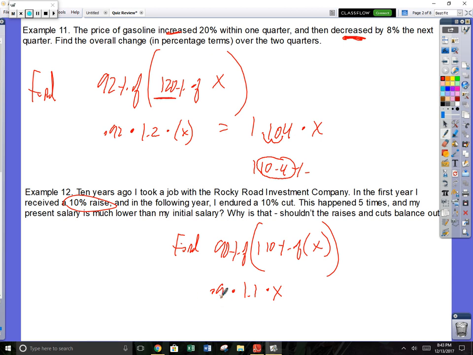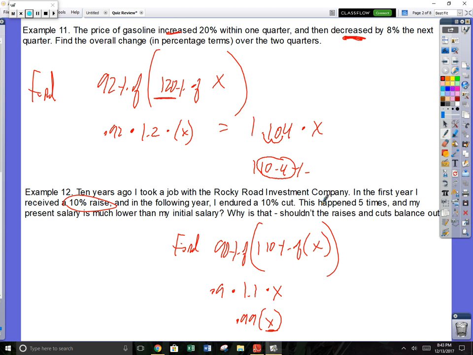So 0.9 times 1.1 is giving me actually 99% of my original salary. So after that cycle, I am making less than what they originally gave me when they hired me.